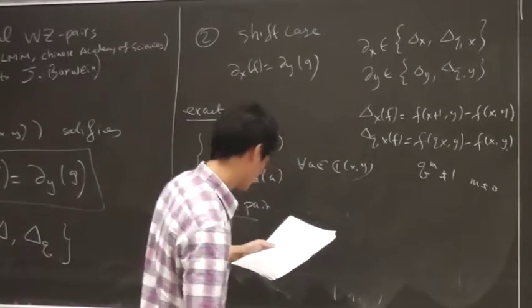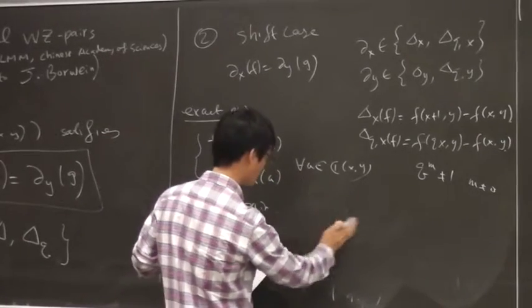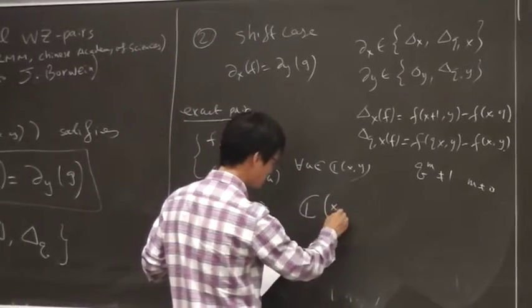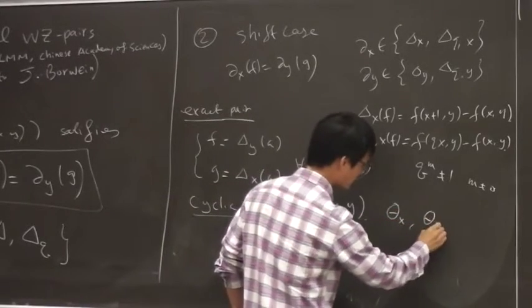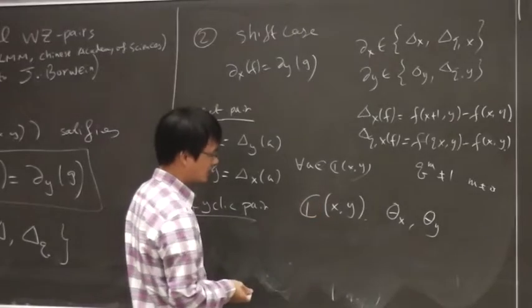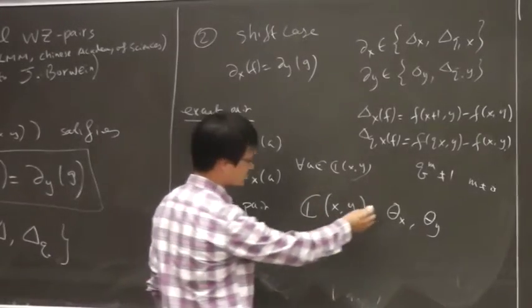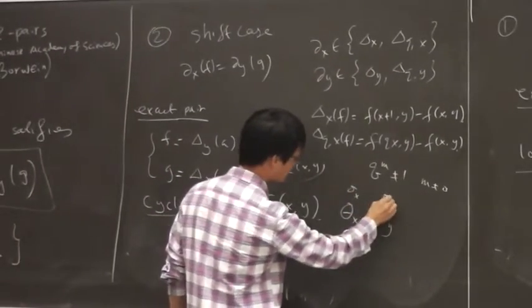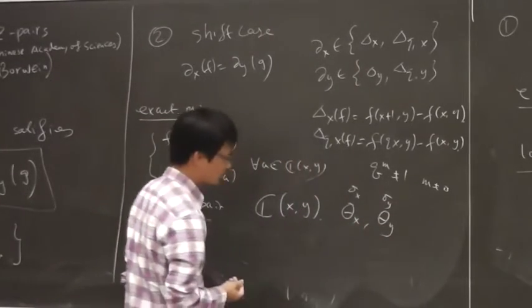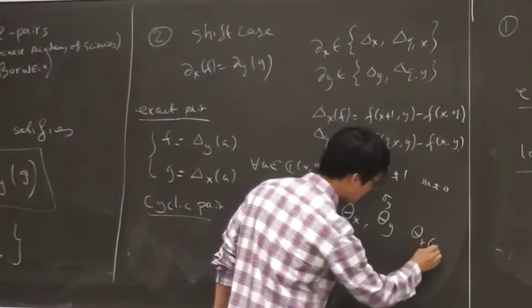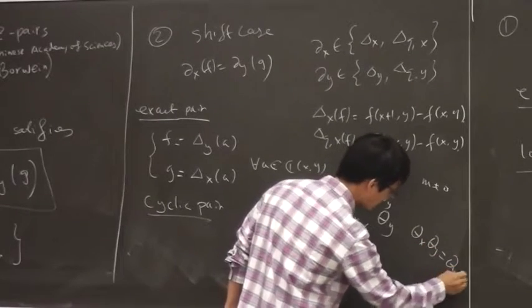Before this, I need to introduce some notation. Actually, on this field, we can focus on two automorphisms, like sigma shift with x and shift with y. We can take any automorphism, and they commute with each other.